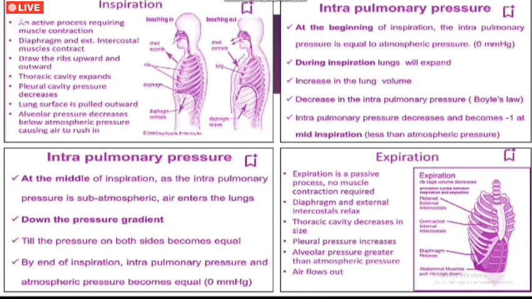So during expiration, as the lung volume decreases, the pulmonary pressure or the alveolar pressure, which is initially 0 millimeters of mercury, does what? Increases. So it moves from 0 to +1 and sometimes +2 millimeters of what? Mercury.